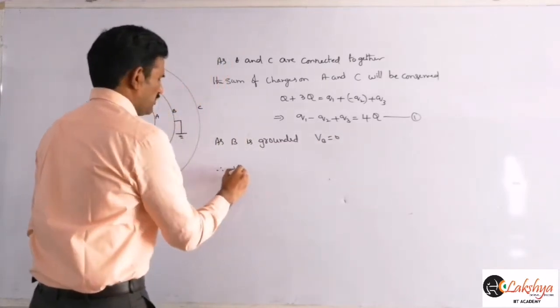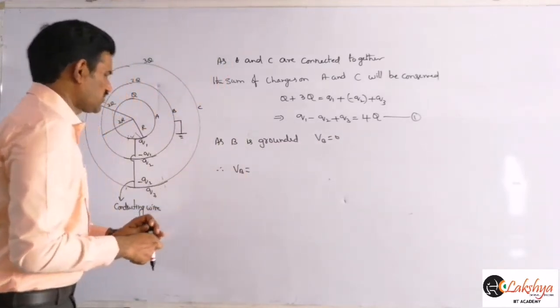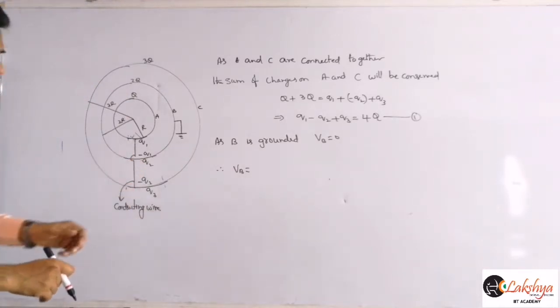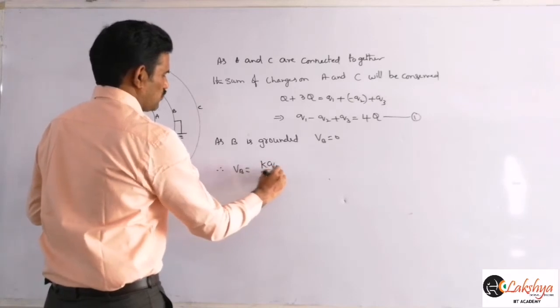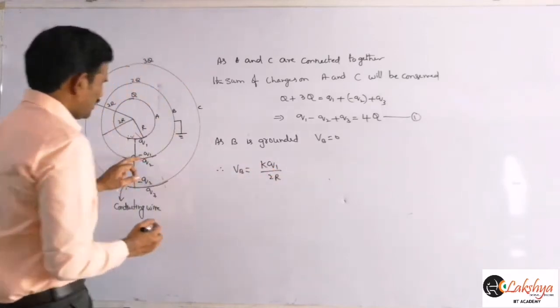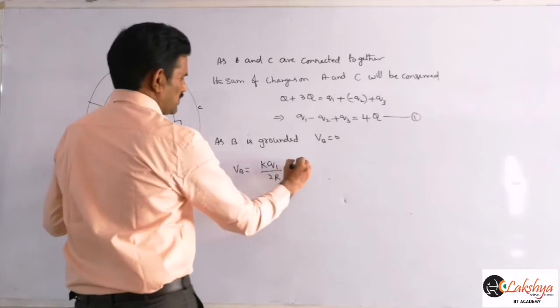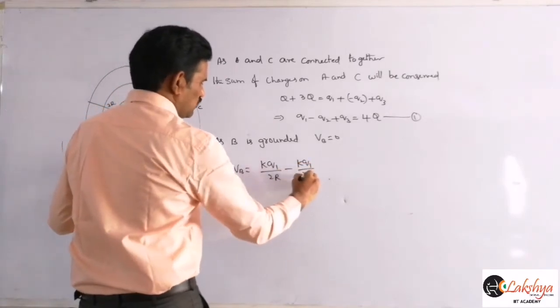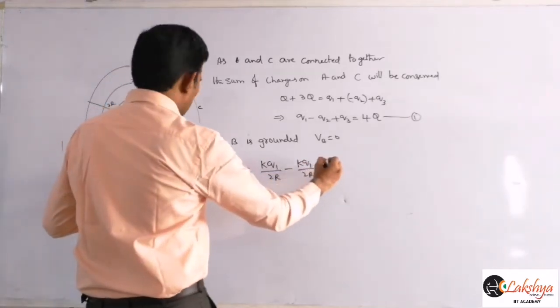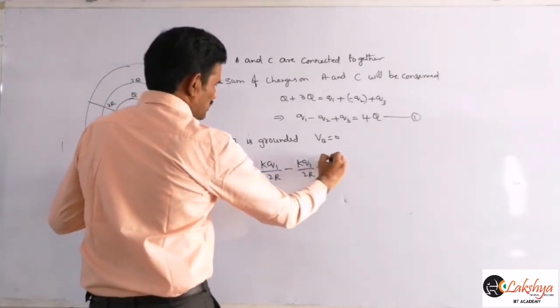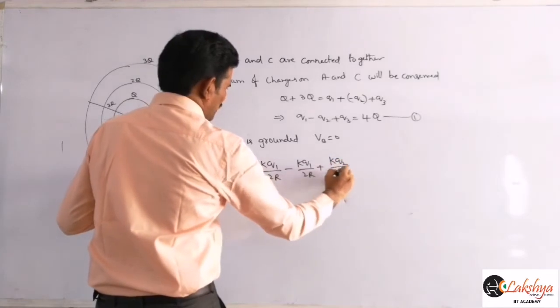We need to write VB in terms of these charges. For Q1, the charge on A, it is K Q1 by 2R, and due to minus Q1 that will be cancelled, so it is minus K Q1 by 2R, and due to Q2, same as in our previous problem, this term is K into Q2 by 2R.